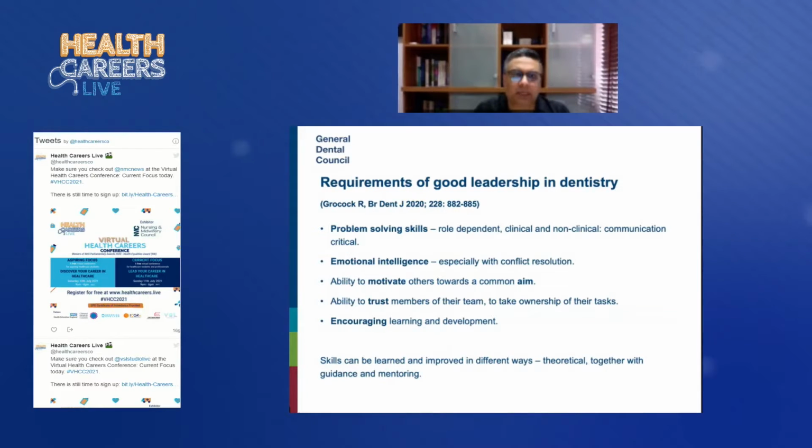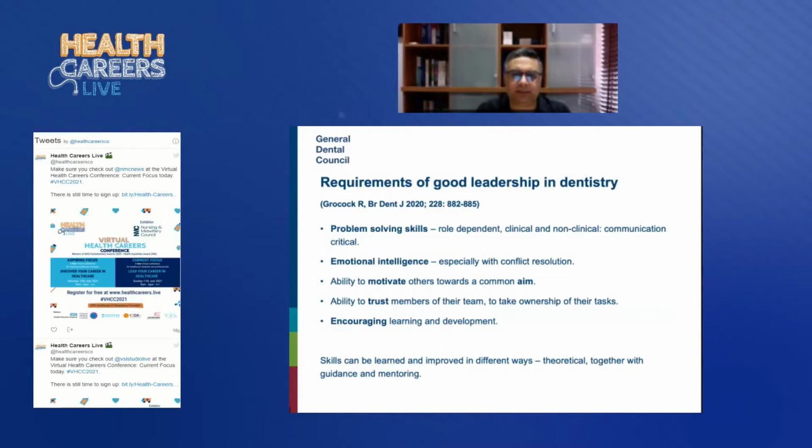But regardless, one of the things that is absolutely pivotal to good leadership is having good communication skills, and that might be verbal, written, etc. One other thing which is important is having appropriate emotional intelligence, connecting with people, and that's particularly important at the practice-based level where you're looking at things like conflict resolution and how to manage concerns, complaints, etc.